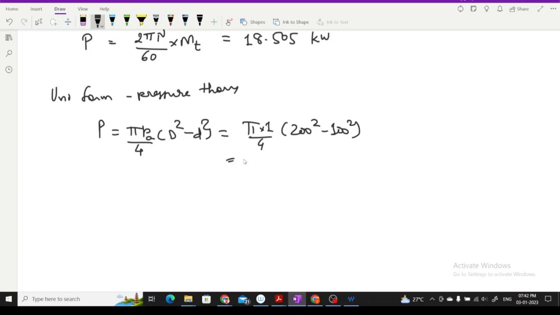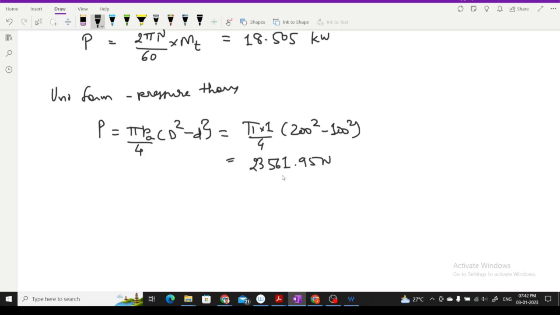So what is this capital P? Anyone? Is it this much?